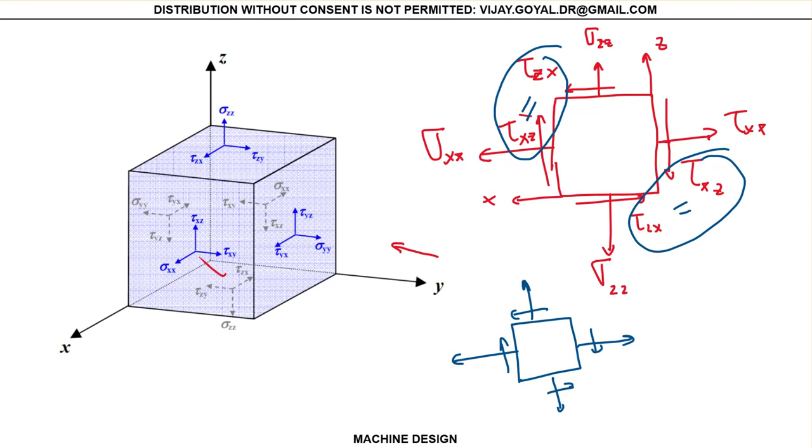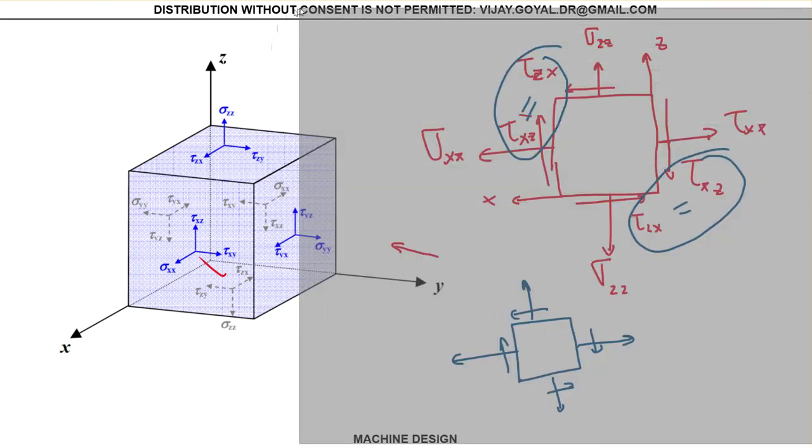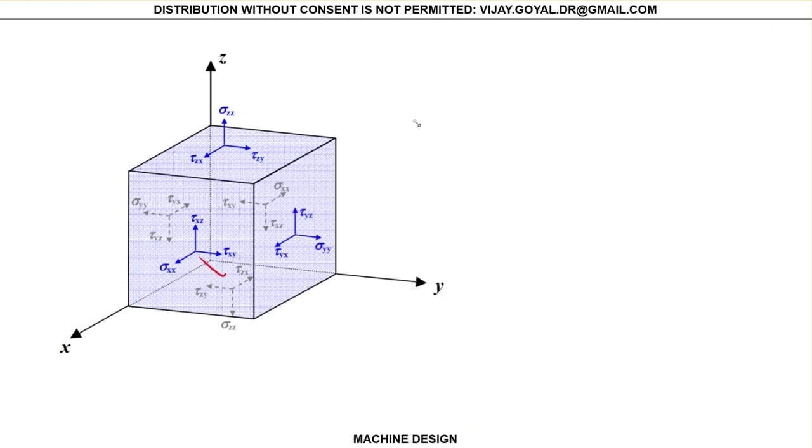So what happens if I take the same case now, and let's go and see it from the z direction. Let's see it from top. Okay, if you see it from top, you can see that my y goes in this direction and my x goes in this direction.